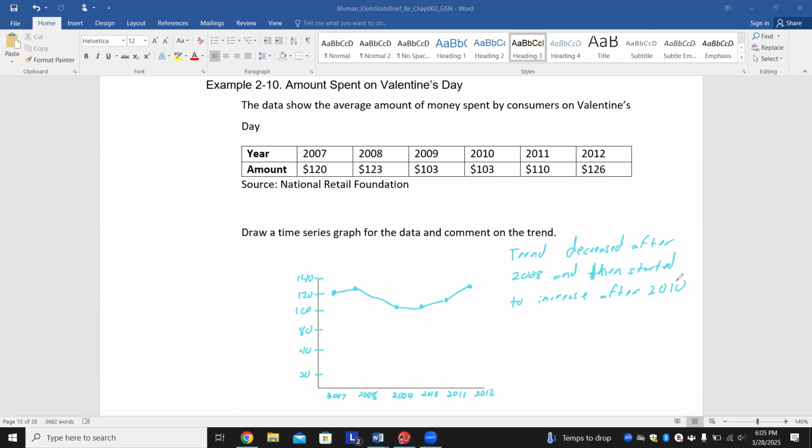You could also say in there that it plateaued from 2009 to 2010, drawing a trend from what you see and then maybe adding a little more to it, depending on what you're trying to prove.